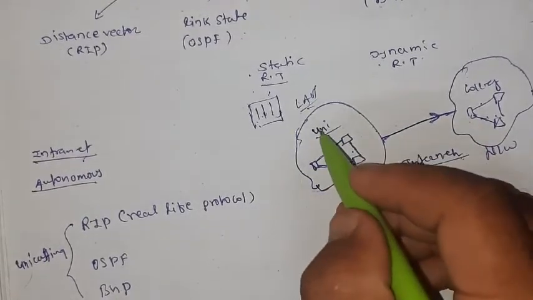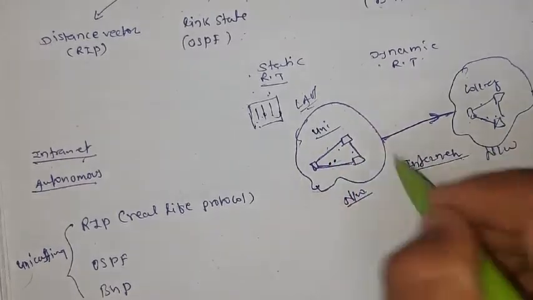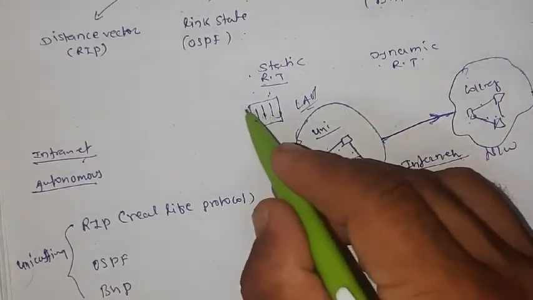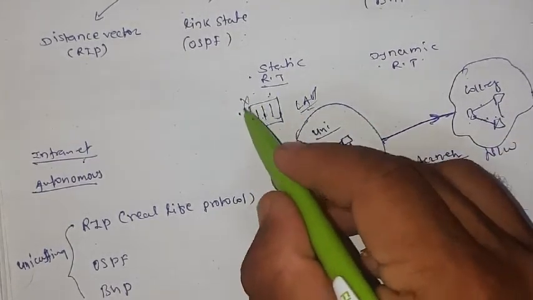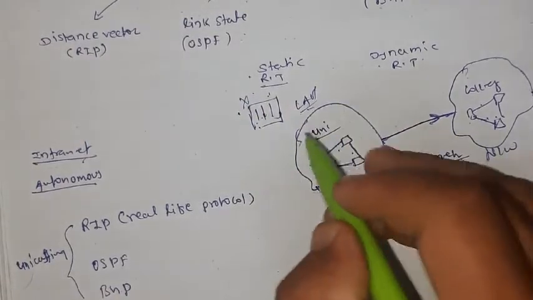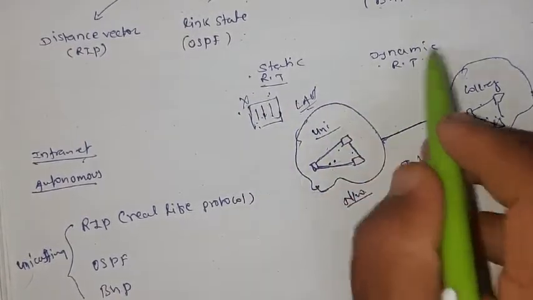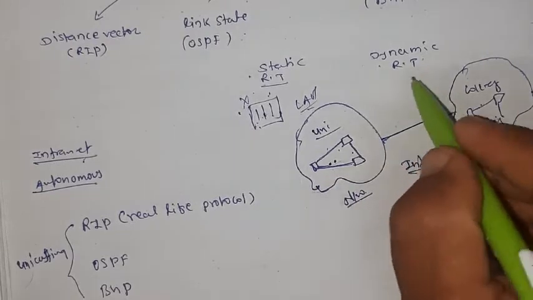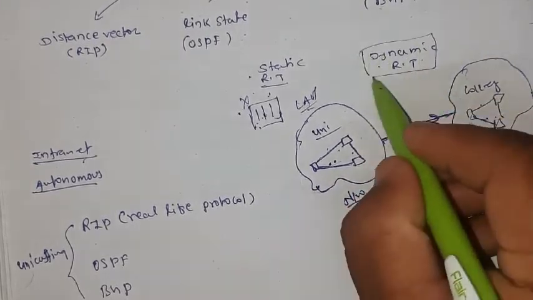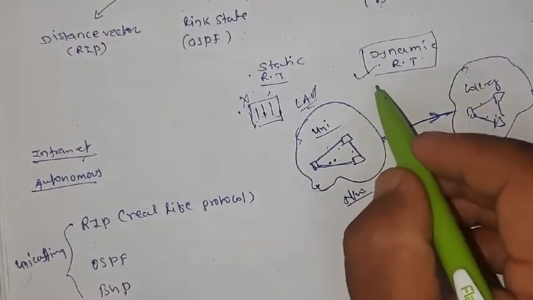But when we are dealing with a WAN or internetworking, a static routing table cannot work as efficiently as a dynamic routing table. That's why we widely use the dynamic routing table.